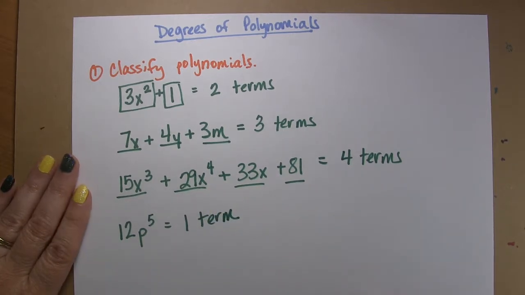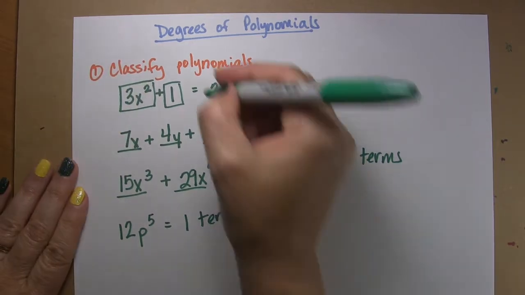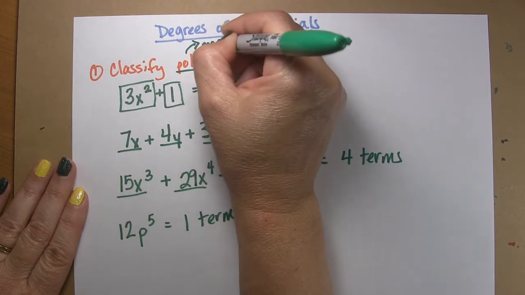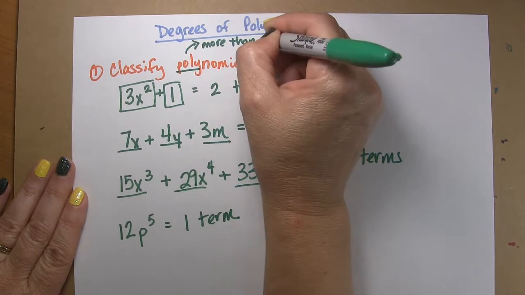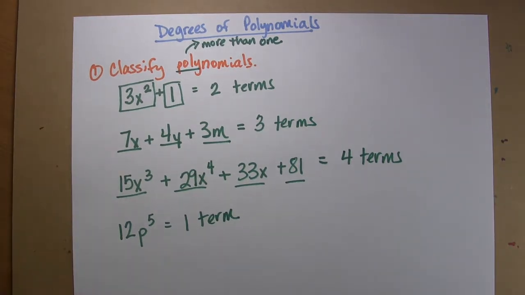Okay, so what we have here are all these different polynomials. Poly just means more than one. So all of these are different types of polynomials. They do have more specialized names, however.